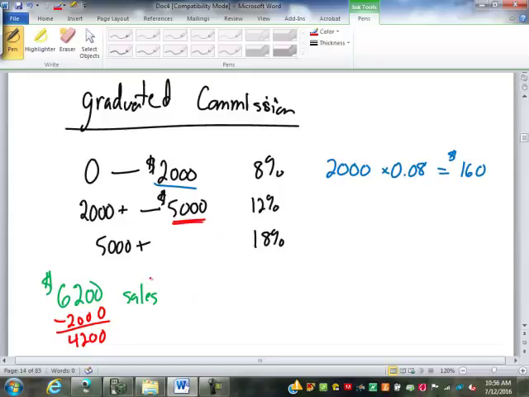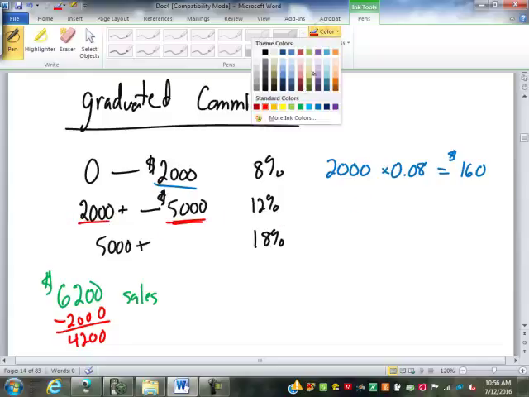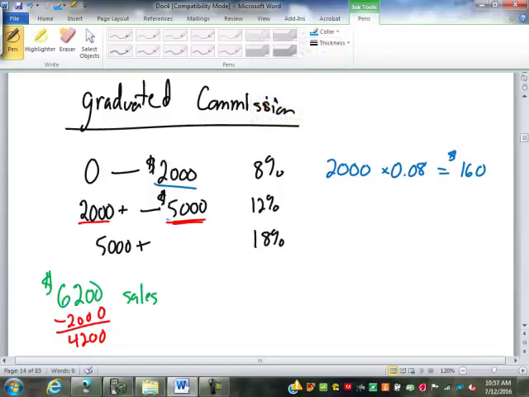Did we go over the $5,000 total? Yeah, we did, right? So the next $3,000, $5,000 minus $2,000, is going to get figured at 12%. So $3,000 times 0.12 is $360.